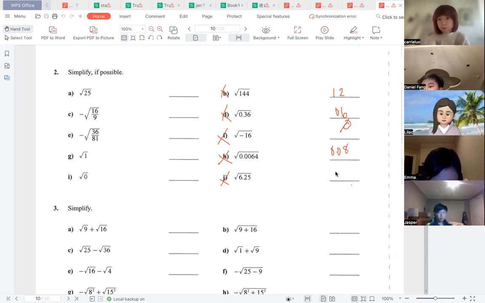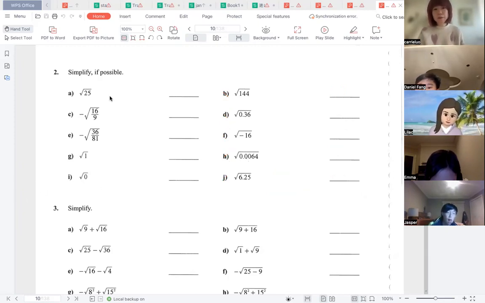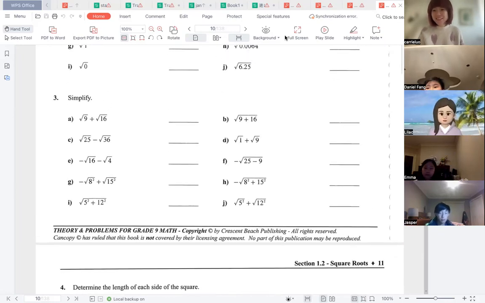Or is it not? I'm pretty sure it's not. 2.5 is 625，对不对？那2.5不就是6.25？对的呀。Daniel，你要相信你自己，做的很好啊，very good. Yeah, very good. Trust yourself. Good job. Very good.